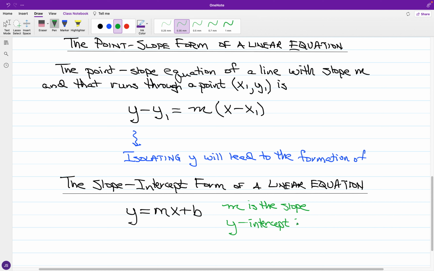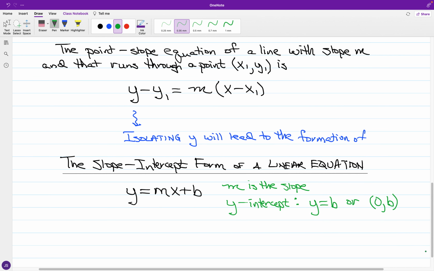For the y-intercept, Alex likes to express it in terms like y is equal to b, whereas the textbook, and I normally, put this in terms of the ordered pair, where when x is equal to 0, y is equal to b. So for the y-intercept, you can say that y is equal to b, or as an ordered pair, we have (0, b).